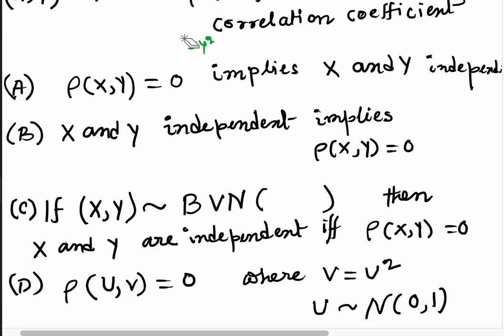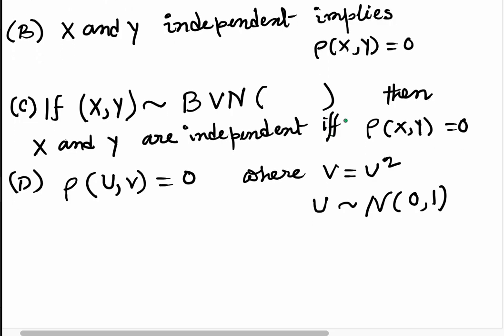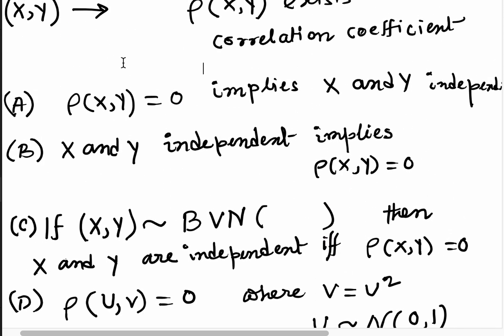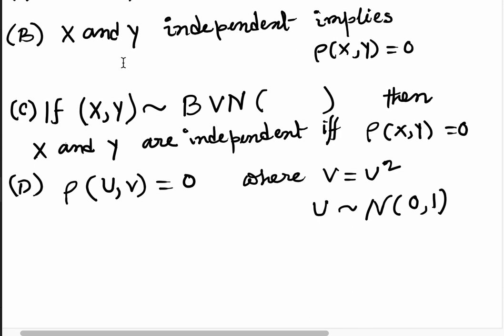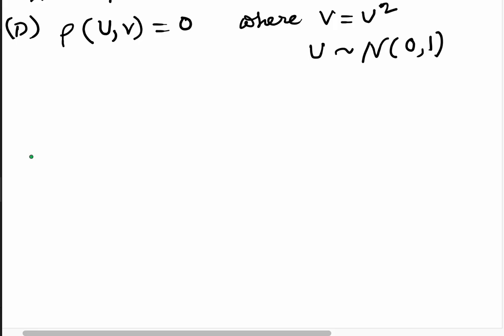And in the second statement, X and Y independent implies rho(X, Y) = 0. Yeah, it implies that. If X and Y are actually independent variables, then you cannot write X as a linear function of Y. You can also check mathematically.